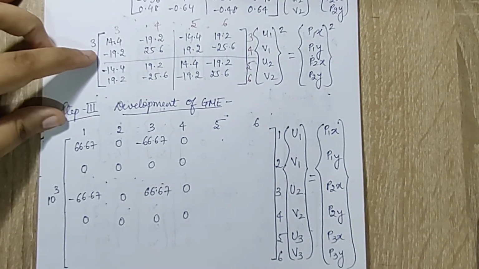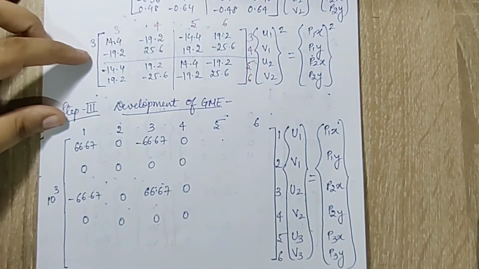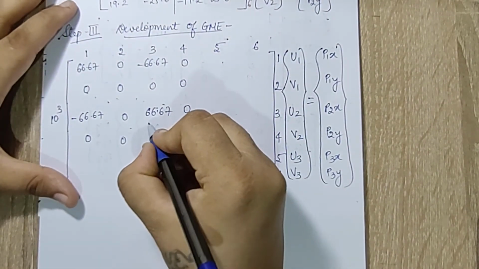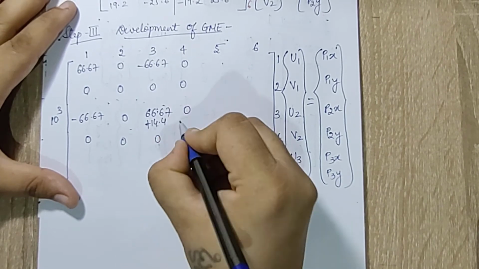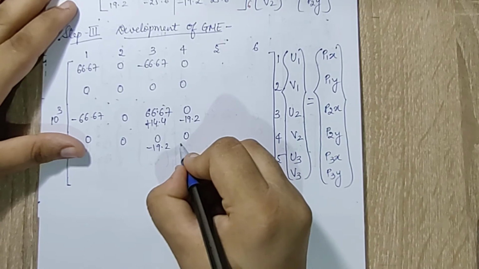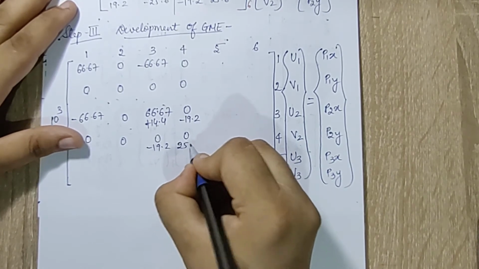Element 2 is between 3, 4, 5, 6, 3, 4, 5, 6. And these are the values which I'll copy here. My value over here will be plus 14.4, minus 19.2, minus 19.2 and 25.6.